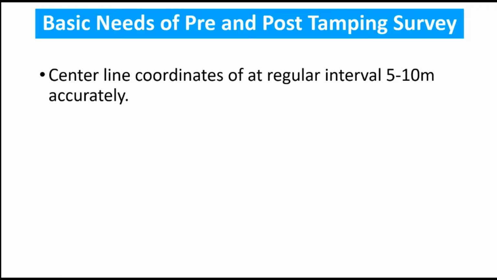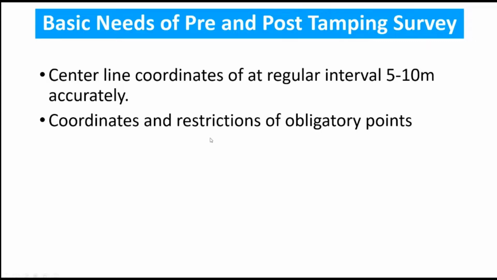Then we require coordinates and restrictions of the obligatory points, like bridges, turnouts, level crossings, OHE masts, signal posts and signal boxes. They may all create restrictions in the slew or in determining the alignment. So these have to be picked up.